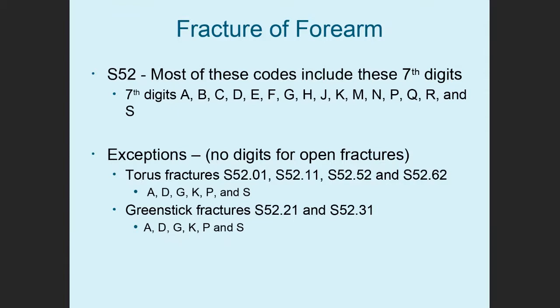Fracture of the forearm, S52, uses 7th digits A through S for most codes. But for torus fractures and greenstick fractures, it uses only A, D, G, K, P, S. So the digits in here that are for open fractures are not used for torus and greenstick.